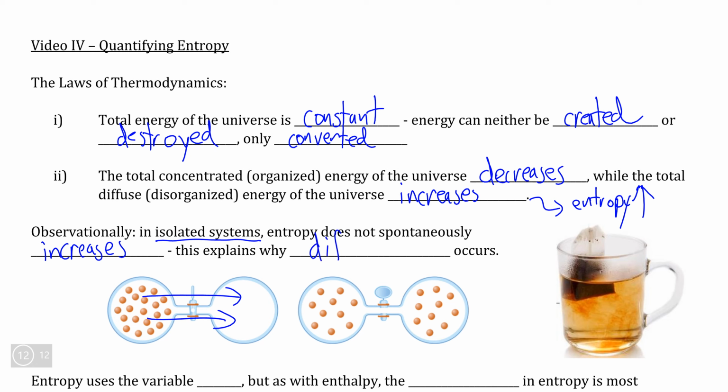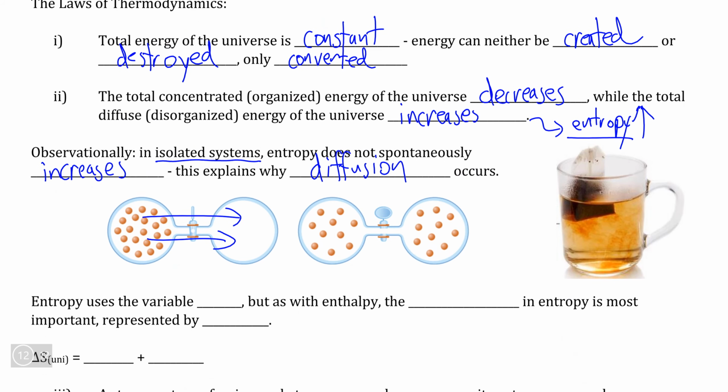This is why diffusion occurs regardless of whether the system is open, closed, or isolated, and from that we can extrapolate outward and say that entropy in the universe has an upward trend and tends to increase overall.